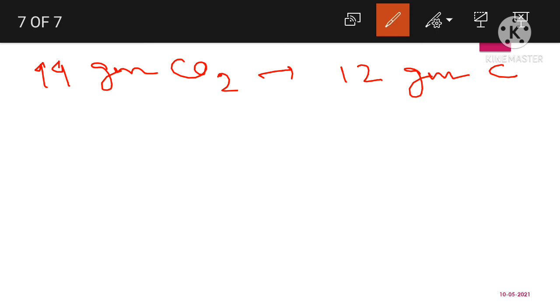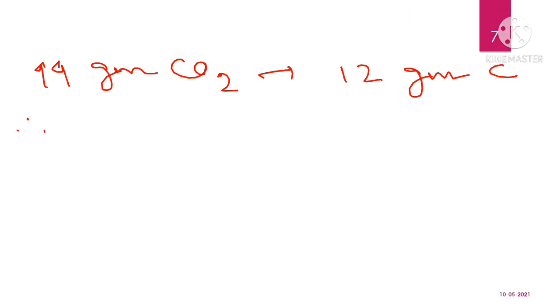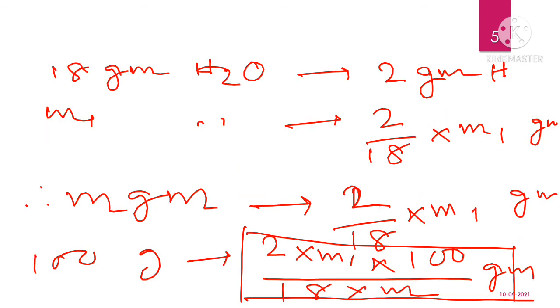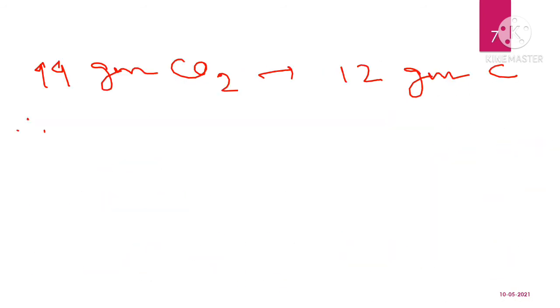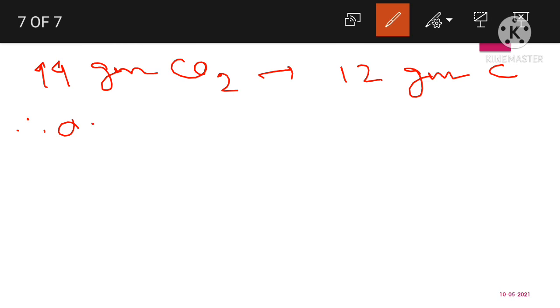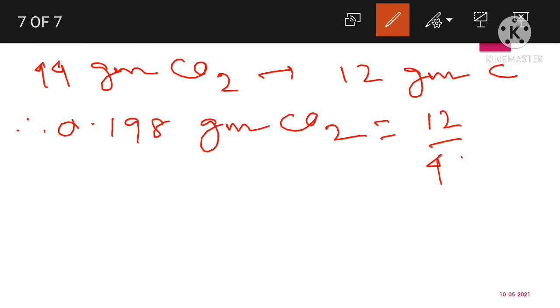Now we know that 44 gram carbon dioxide will give you 12 gram of carbon. Therefore 0.198 gram CO2 will give 12 by 44 into 0.198 gram of carbon.